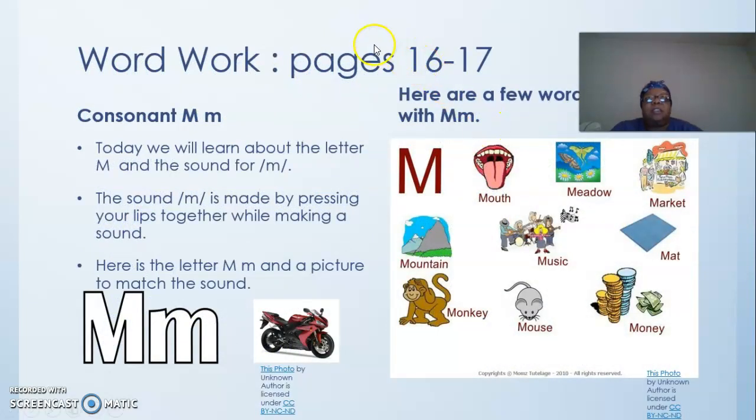Next, pages 16 and 17, we'll be looking at consonant M, the capital and lowercase m. It says today we will learn about the letter M and the sound for M. The sound is made by pressing your lips together while making a sound.